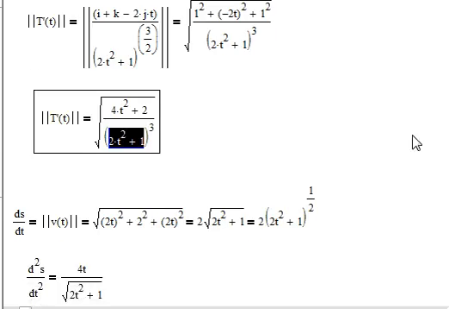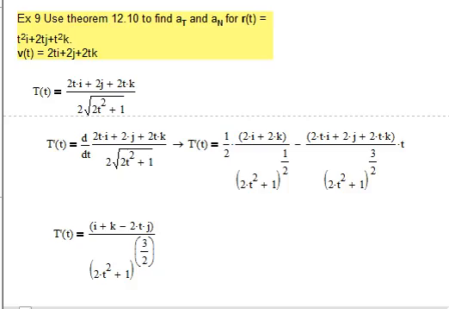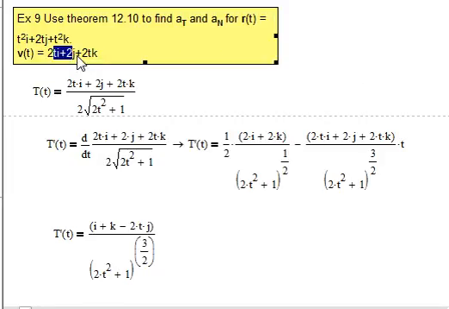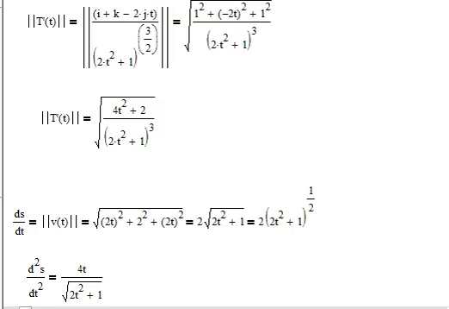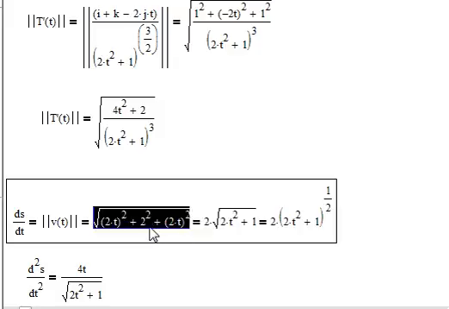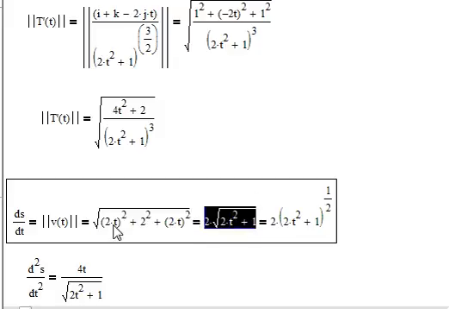So now ds dt, you have to go back for a ways, is the length of the velocity vector, and the velocity vector was found way back here. Okay, so the length of the velocity vector, I think we already have that one down: the square root of 2t squared plus 2 squared plus 2t squared, which simplified as 2 times the square root of 2t squared plus 1, because it's really 8t squared plus 4.